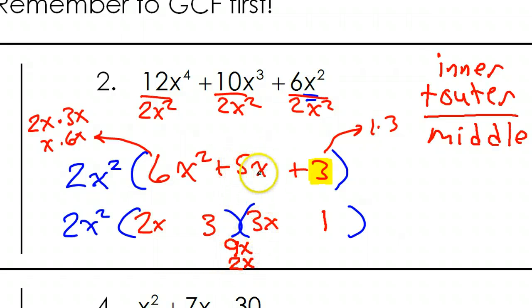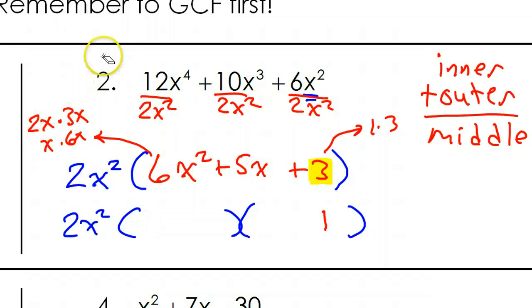I'm trying to get 5x out of this. Is there any way to get 5x out of 9 and 2? No, I could get 7, but not 5. So that means this is not working for me, which means if it's going to be factorable at all, it must be the other way.